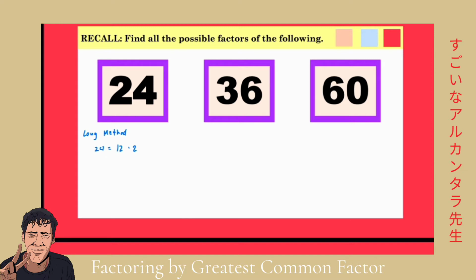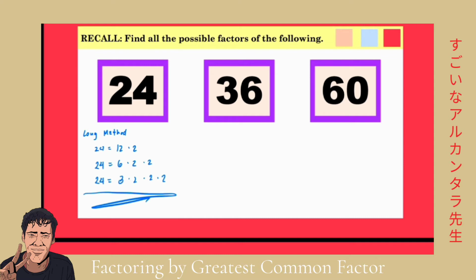So since 12 is not yet prime, we can still find factors for 12, and we can have 6 times 2 for 12, and let's just bring down the first 2, and still 6 is not a prime number, so let's continue. 6 can be 3 times 2, so just copy the other 2's from above, and in this case we have now written it in its prime factors. So 24 is equal to 3 times 2, which is 6, times 2, that will be 12, and then times 2, that will be 24.